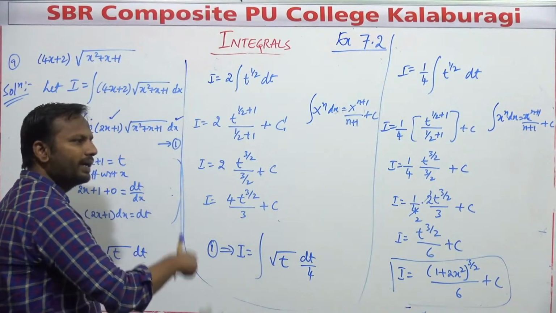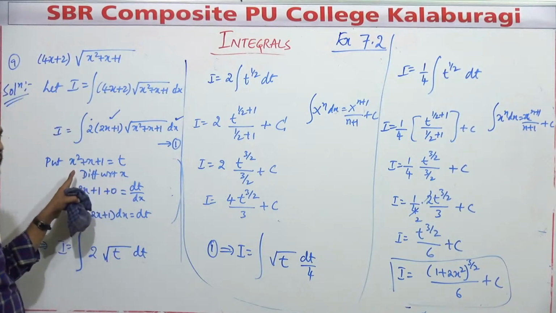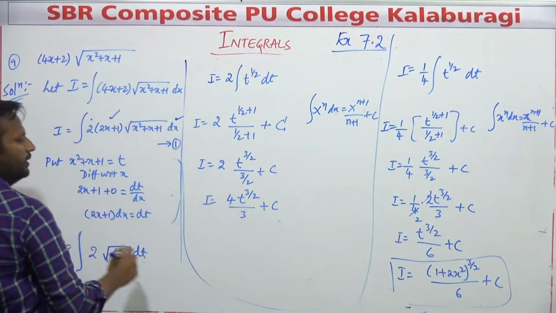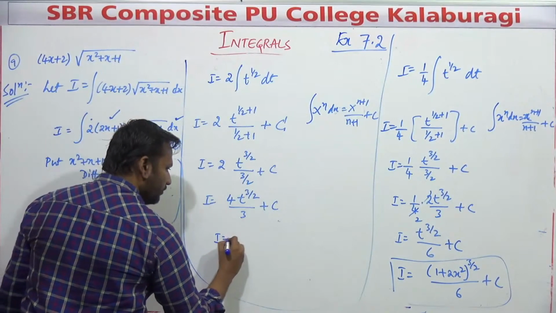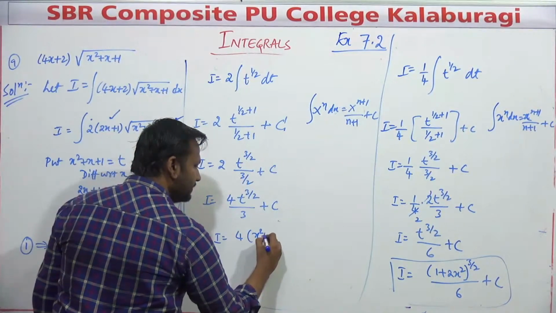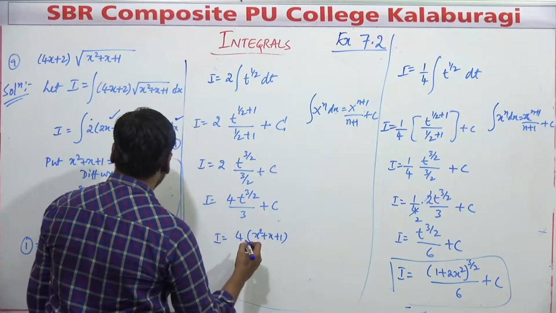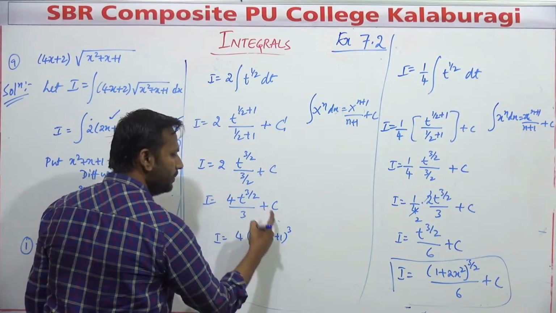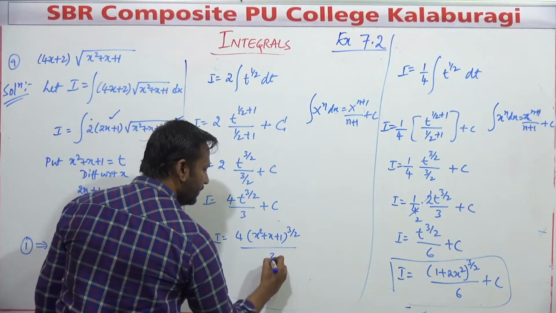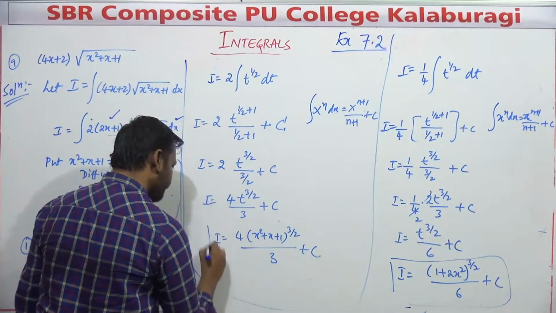Then we have to replace t back in terms of x. So that is 4 times x square plus x plus 1, whole to the power 3 by 2, divided by 3, plus c.